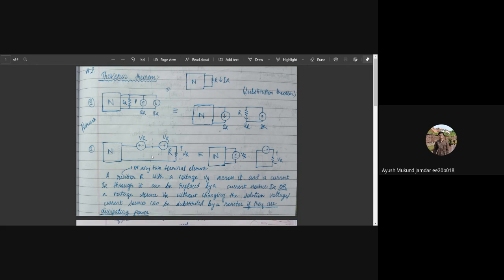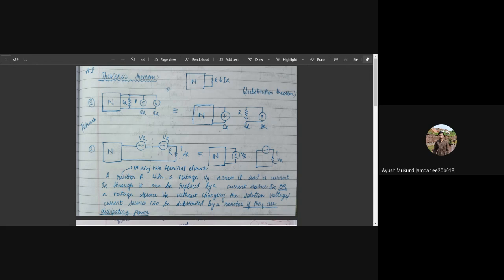Same goes for voltages. We can have two equal and opposite voltages connected in series such that they make no difference to the current or voltage in the network. Coming out from the terminal of the network, we have a potential drop of VR, again a potential gain of VR, and again a potential drop of VR through the resistor. So equivalently, the voltage source and the resistor make no potential difference.